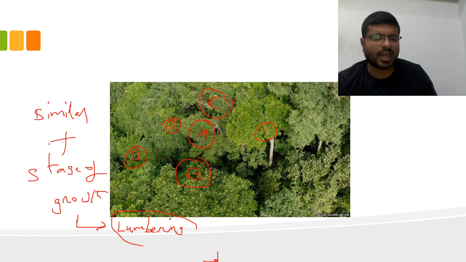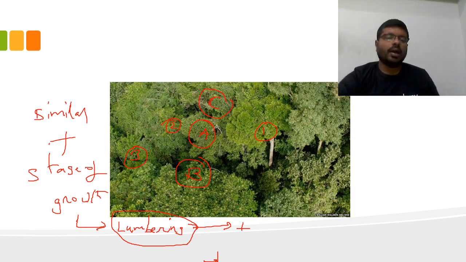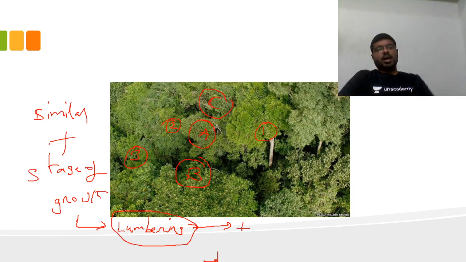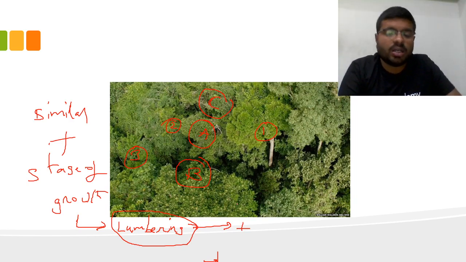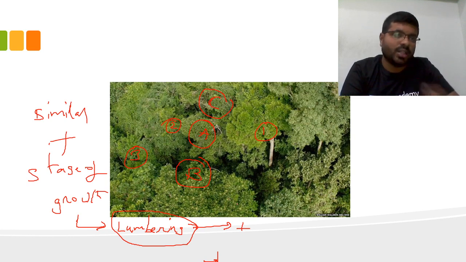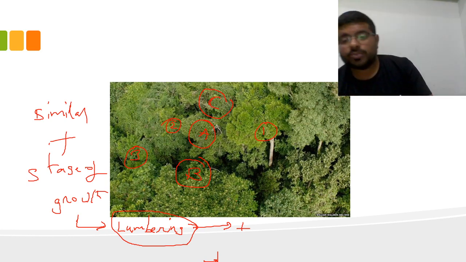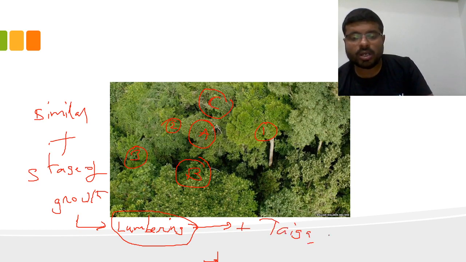This lumbering as an activity will be beneficial when you are cultivating more species of the same type at the same time. So as there are dense forests and you are having multiple stages of growth, usually these forest areas are not as highly exploited as you find in other areas. Imagine taiga vegetation or deciduous vegetation.